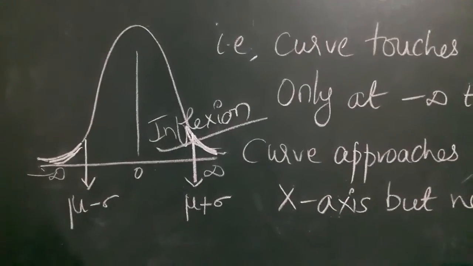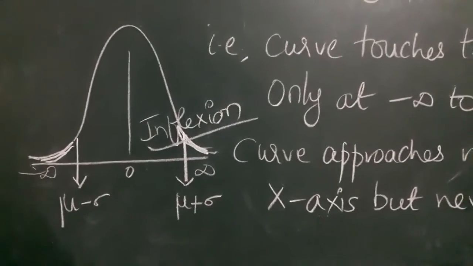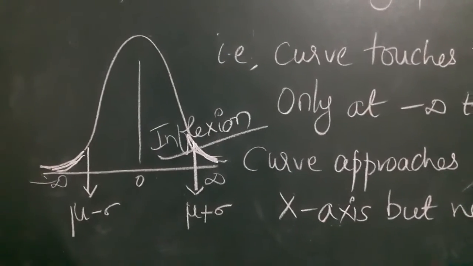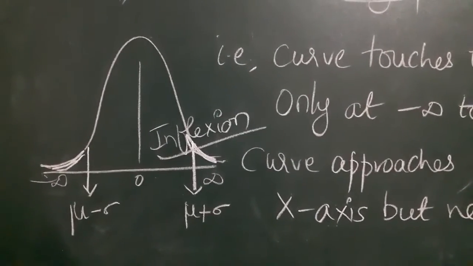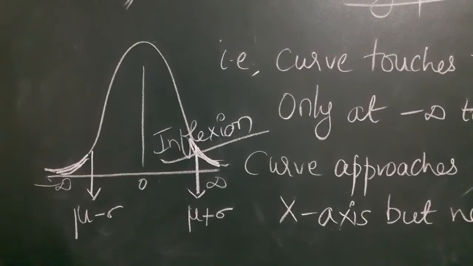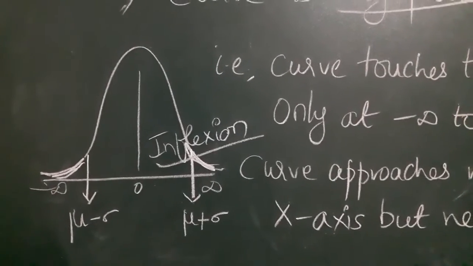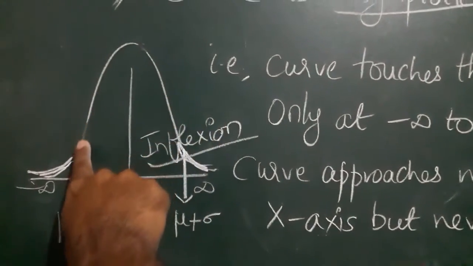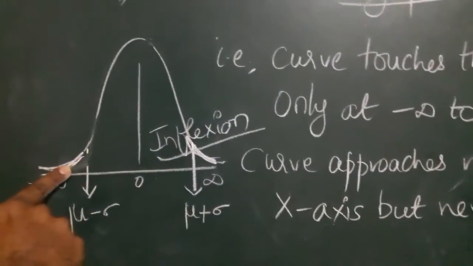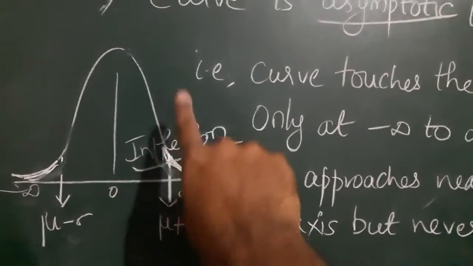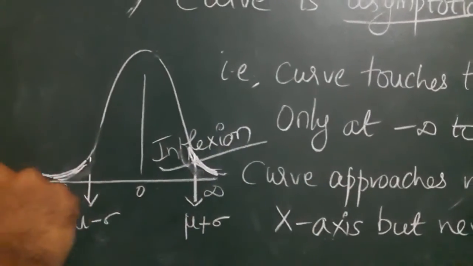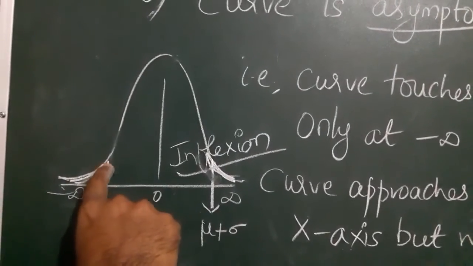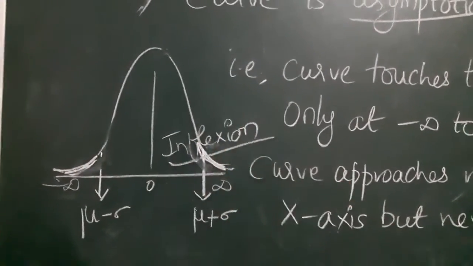Points of inflection are the points where the change in curvature occurs. See, I have taken a broad line there. Till a certain point the curvature is coming down, and here it is taking a little curve like this. This curvature point, we call it an inflection.